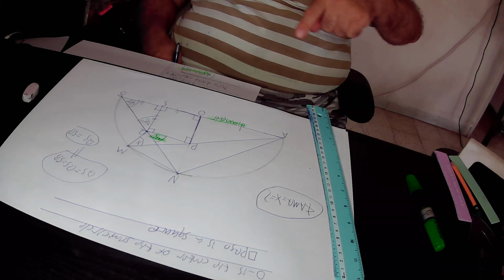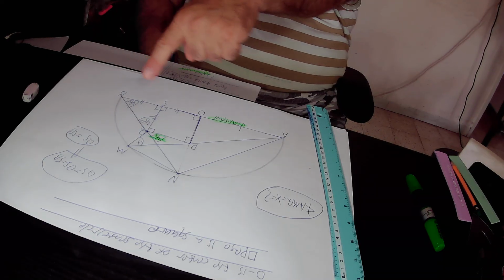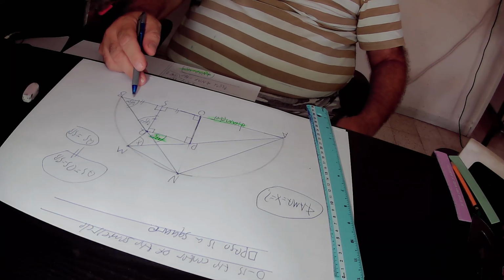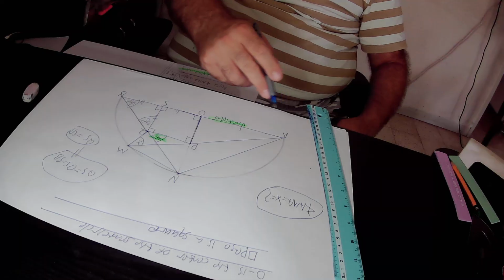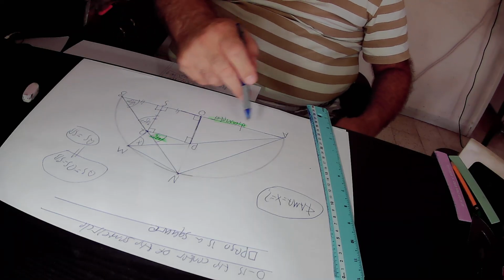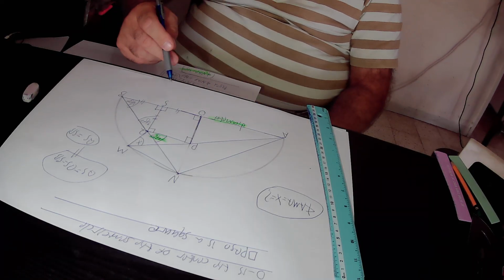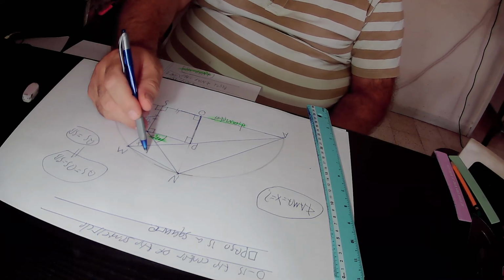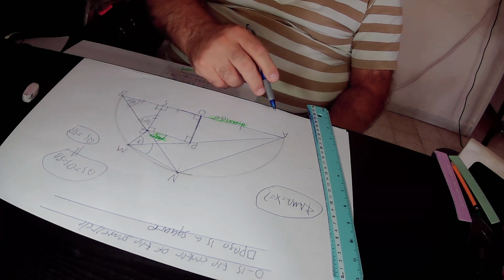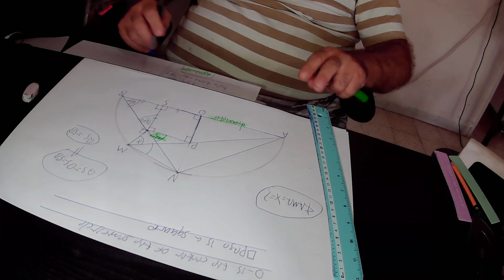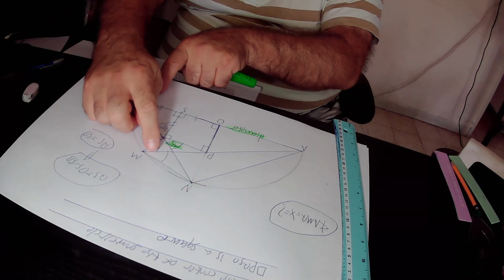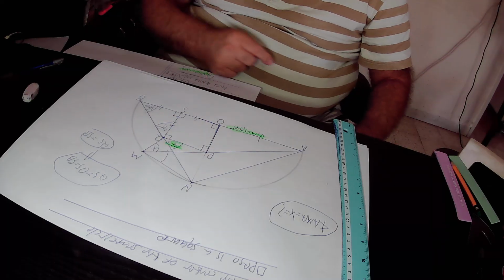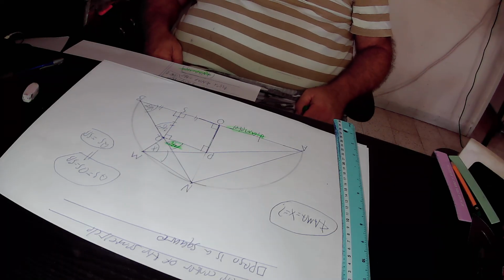We have peripheral angle ABN. Peripheral angle ABN subtends the chord AN. Likewise, we have another peripheral angle AMN that subtends the same chord AN. Because those two peripheral angles subtend the same chord AN, they must be equal to each other in their sizes.